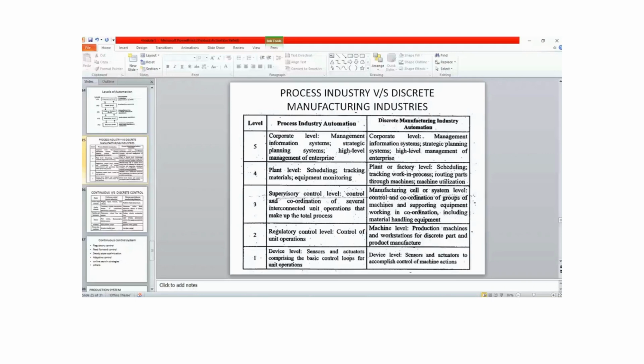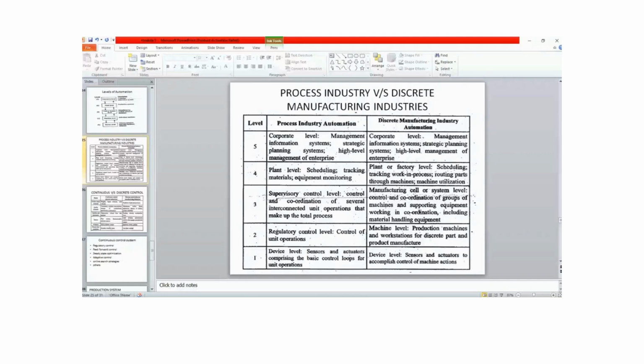So those are the two paths to describe the automation levels. One is the process industry. Just to keep in mind, process industry means manufacturing of water bottles or assembly lines, like the manufacturing of cars in assembly lines. Those are the step-by-step procedures you can take. Then, if you consider the discrete manufacturing industry, it is for the preparation of the components.